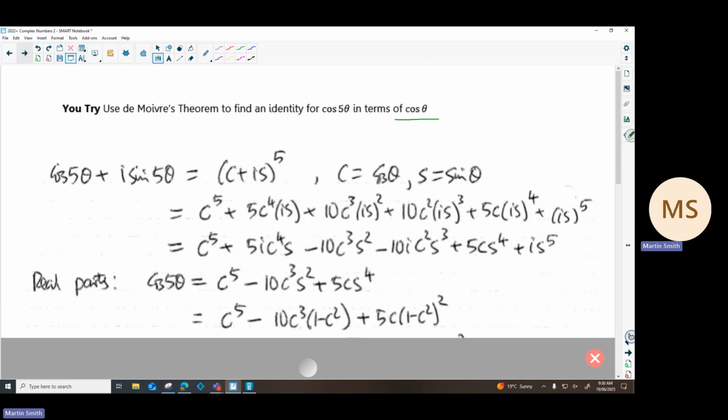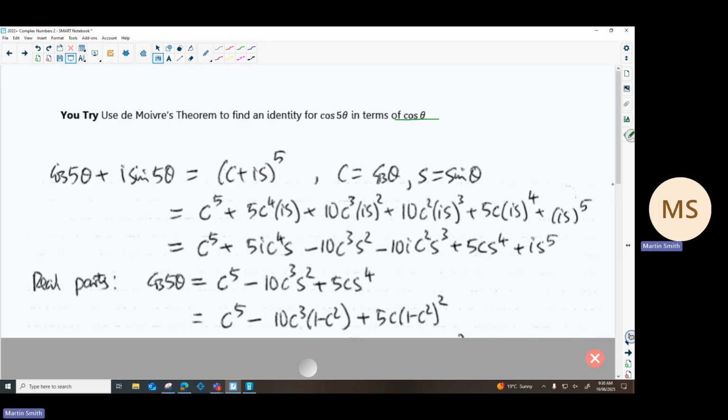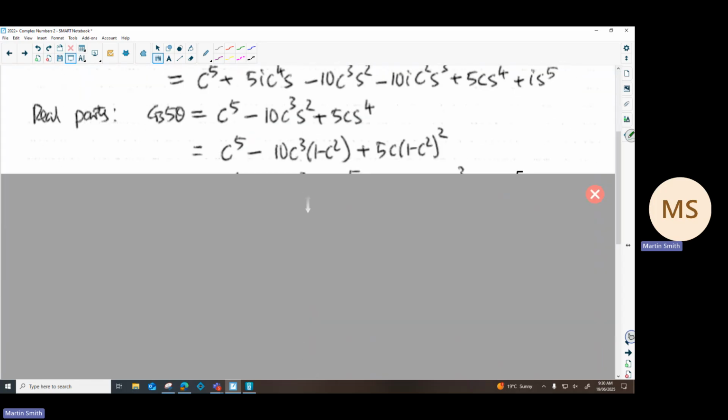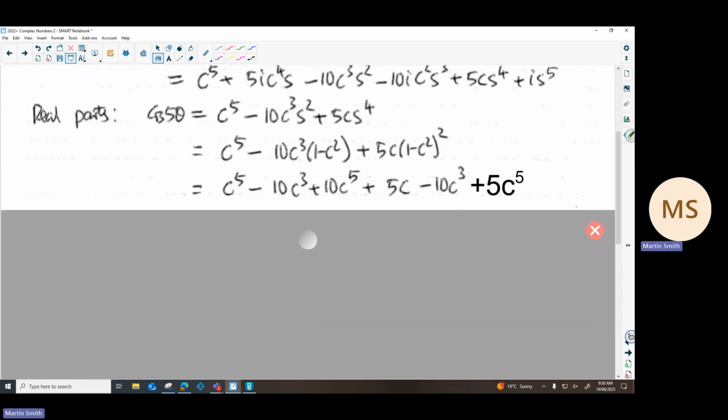So this is c to the 5 minus 10c cubed times bracket 1 minus c squared plus 5c times 1 minus c squared, in brackets, squared. By some straightforward algebra, if you expand all of that, you should get c to the 5 minus 10c cubed plus 10c to the 5. If you expand the final term by squaring out the bracket and then multiplying it through by 5c, you should get 5c minus 10c cubed plus 5c to the 5.